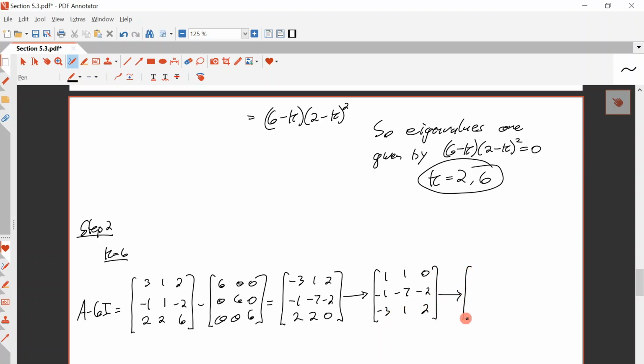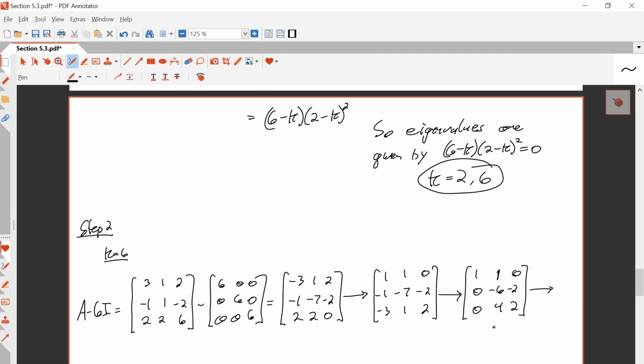All right, and add this to second row. 0, minus 6, minus 2. Add it 3 times here. 0, 1, 1 plus 3 is 4, 2. So something isn't right.